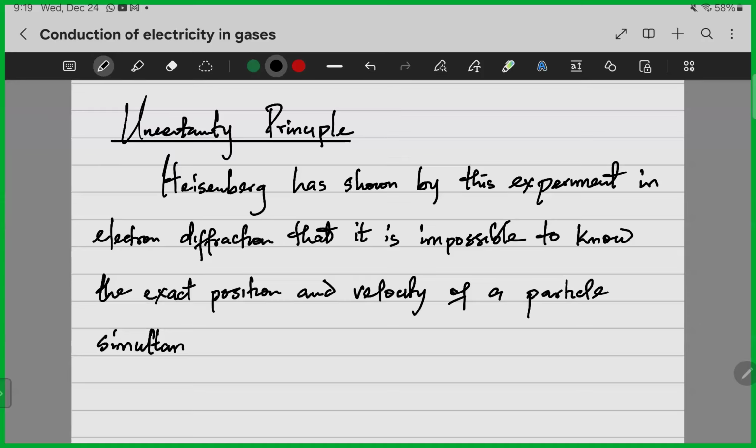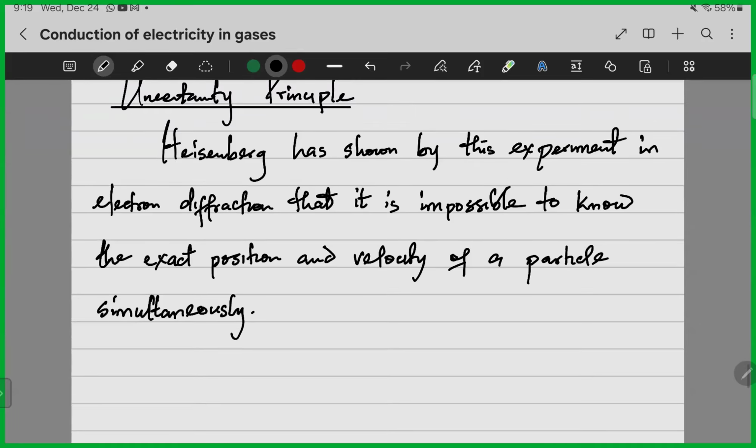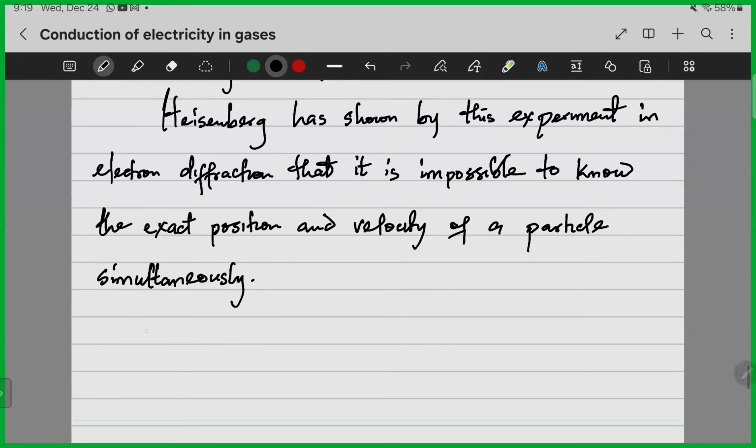So if you want to state it as a principle, you can state it in two ways.